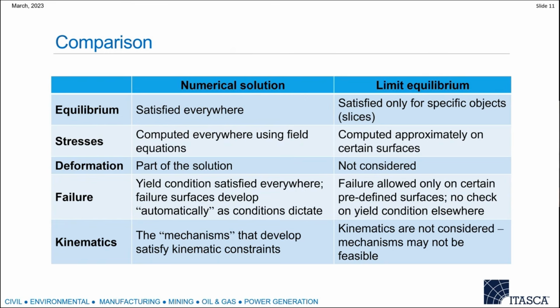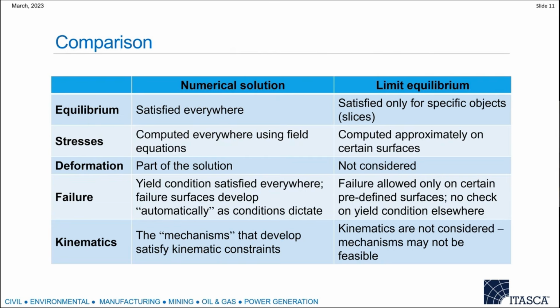For stresses, the numerical solution computes them everywhere using field equations, and the limit equilibrium method computes them approximately on certain surfaces. Deformation is a part of the numerical solution, but it's not considered in the limit equilibrium approach.